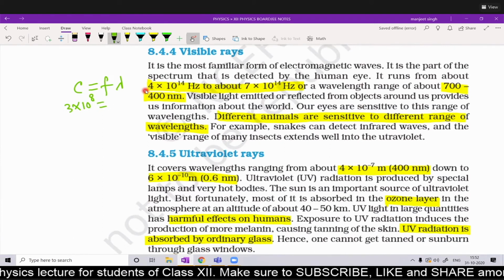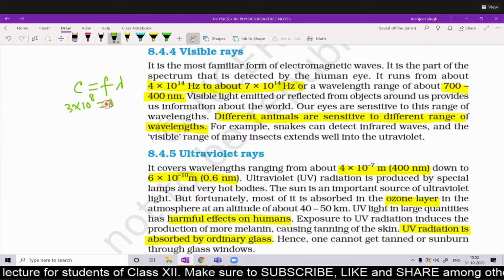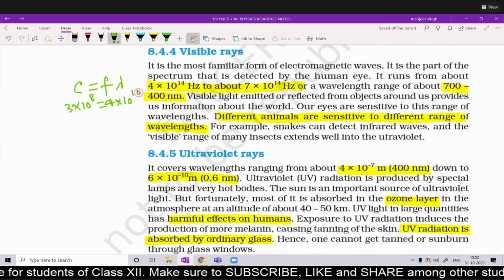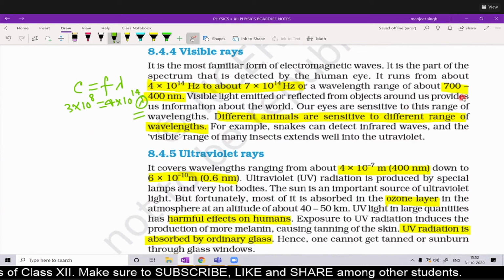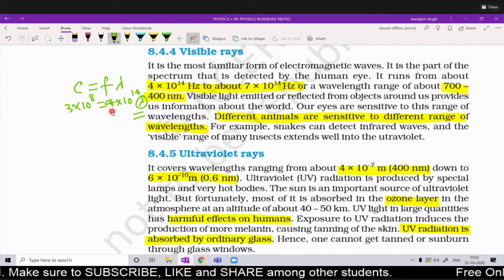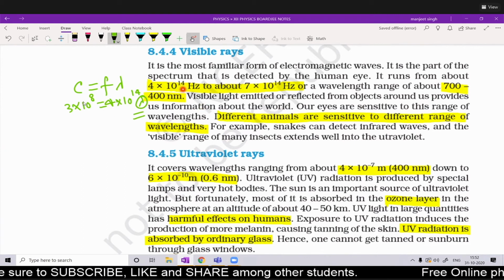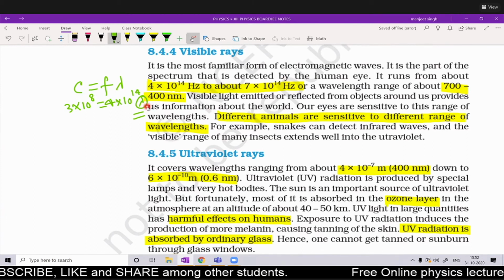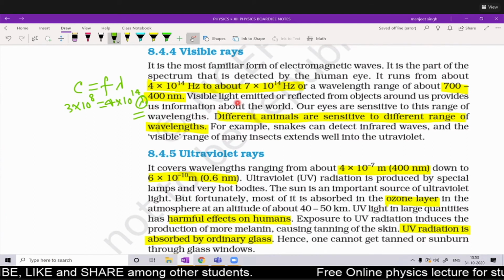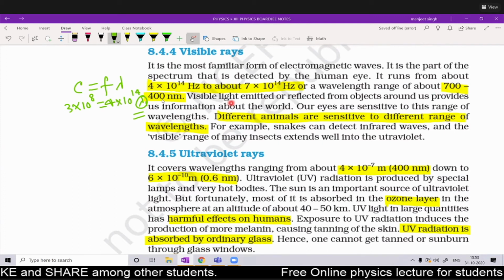If you keep the frequency 4 into 10 to the power 14 and calculate lambda, it comes out in this range. Then take the other frequency and apply the formula again to calculate lambda 2. This is lambda 1, and the lambda 2 to lambda 1 range is this.